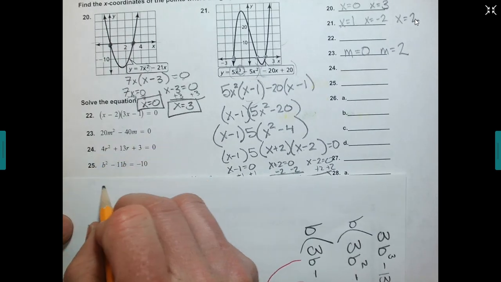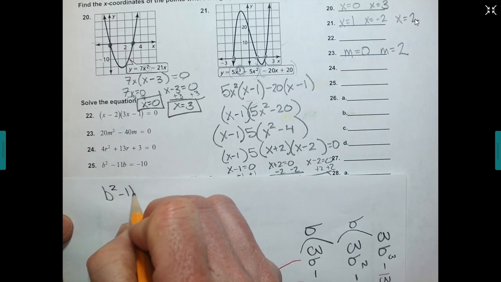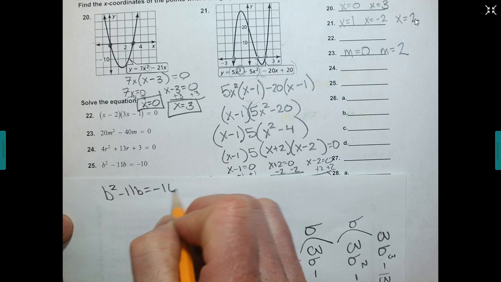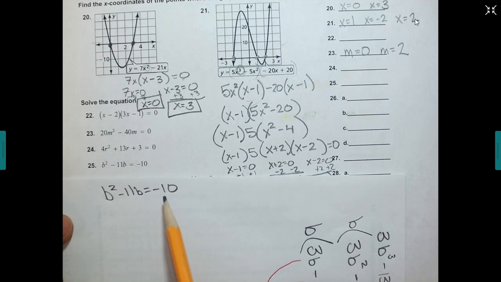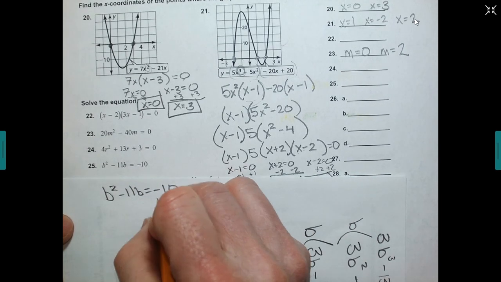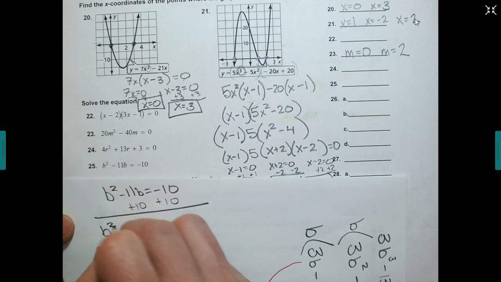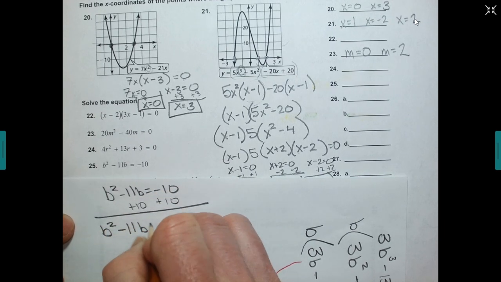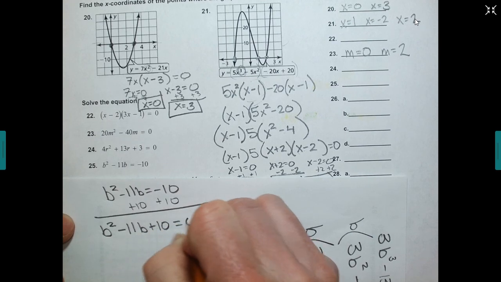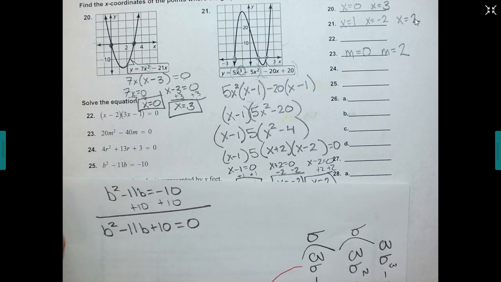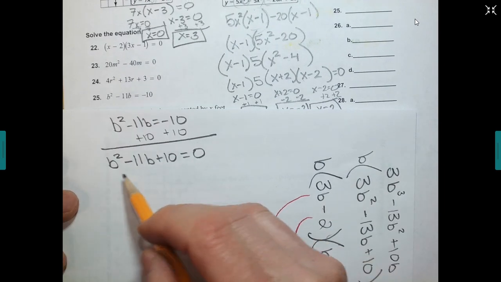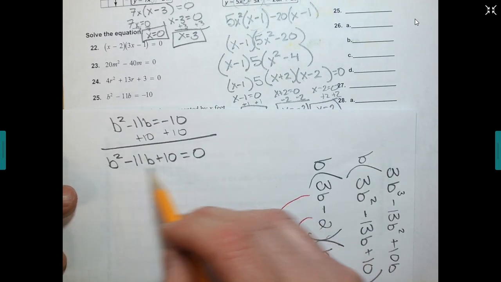25. B squared minus 11b equals negative 10. Okay, well first I have to write this in standard form. So I'm going to add my 10 to both sides. And what I get is b squared minus 11b plus 10 equals 0. Now, I have this trinomial here, and I don't have anything to take out.